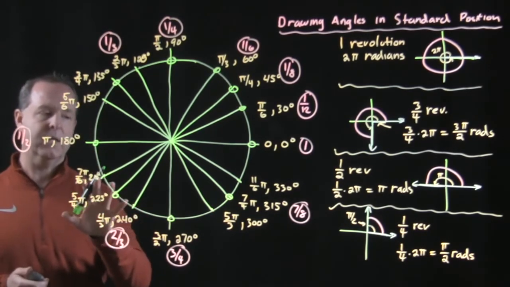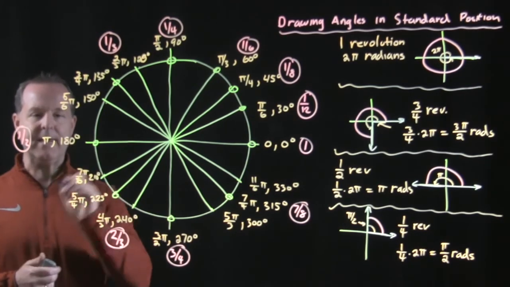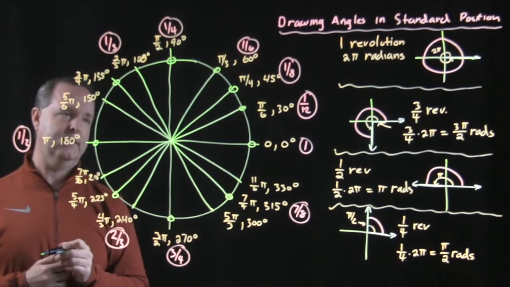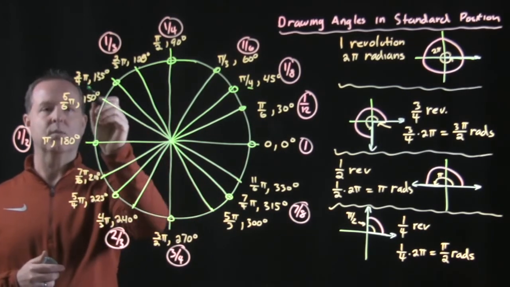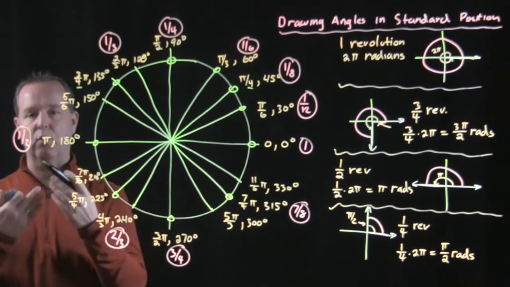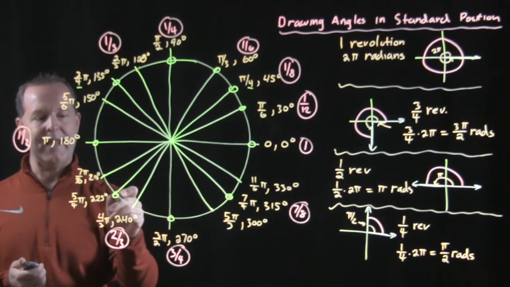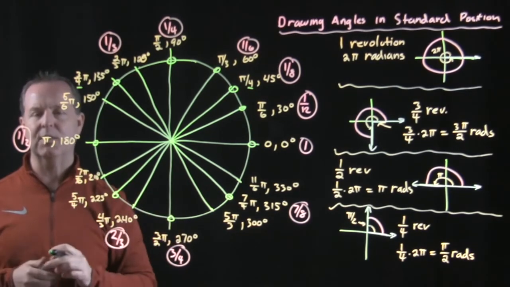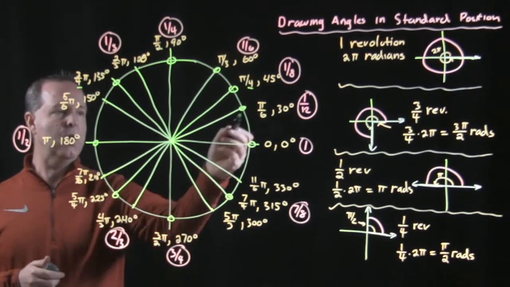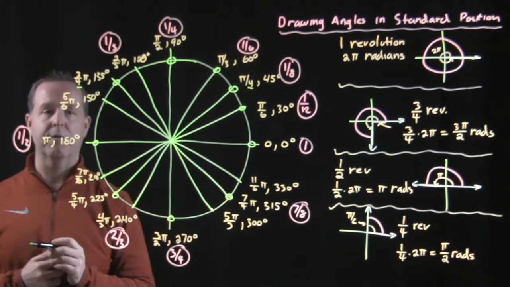Along these points, notice a couple things. Notice everything that's on the eighth mark, all my eighths, all end with a 4 or is within a 4. So anything that's a radian fraction that's over a 4, that's right at the midway points between the x and the y axis. Maybe just a way to kind of memorize them. Notice that my other two ratios, one is over a 6 and one's over a 3.